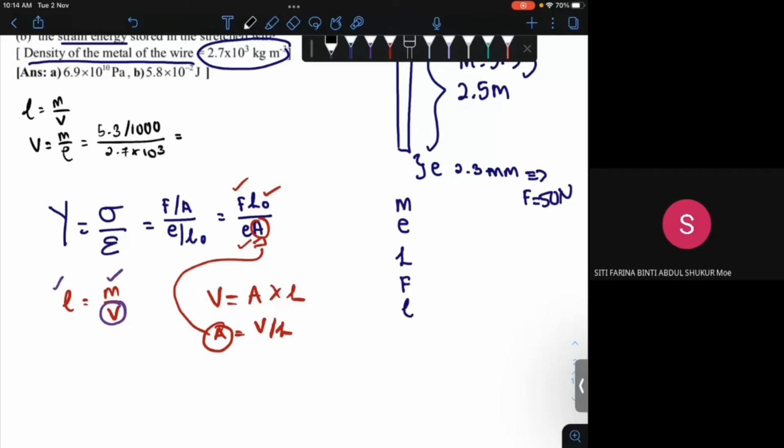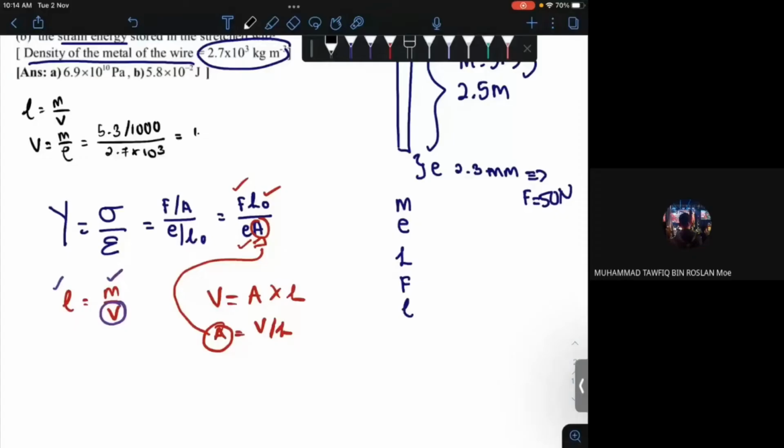Dapat 1.96 exponent negative 6. Yes. So ini adalah volume kamu. Betul? 1.966 exponent negative 6.